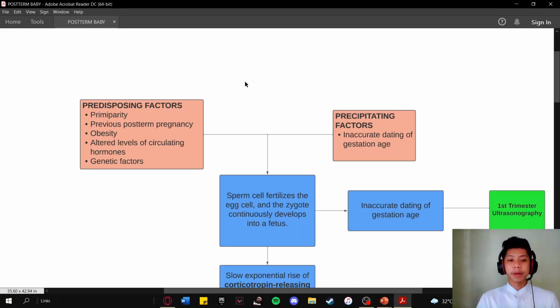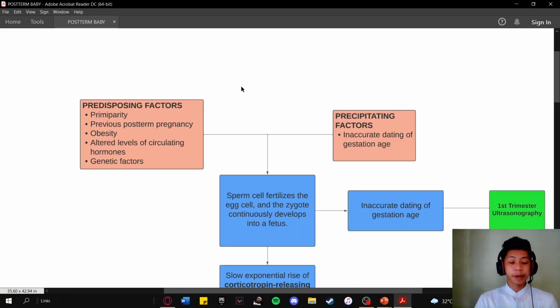If the mother is a first-time mother, there's a high incidence of postterm pregnancy or untimely labor. And we also have previous postterm pregnancy. If the mother had also a postterm pregnancy, there are also higher incidences that the next pregnancy that she will have will be also postterm.